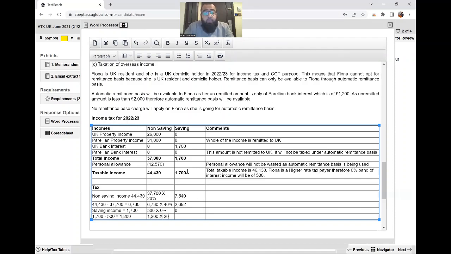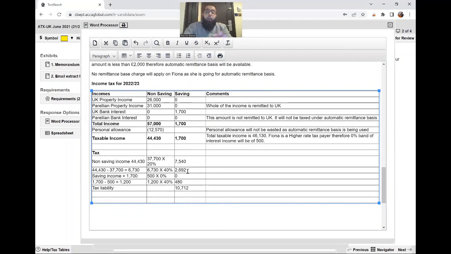On 1,200, we will apply 40% since we are a higher rate taxpayer. So it's 480. So this gives us the tax liability: 7,540, 2,692 and 480. So it's 10,712. I will repeat it again before moving forward.